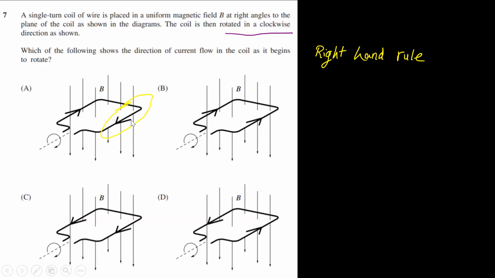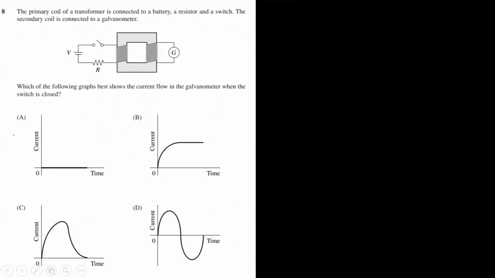So by considering the right hand rule, the direction of current is what is shown in B. No, sorry, in A. So the answer is A. Let's go to the next question.